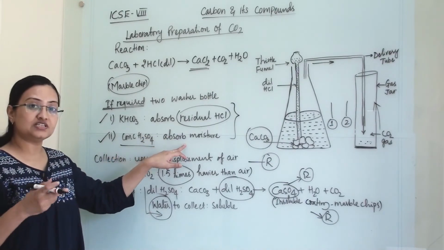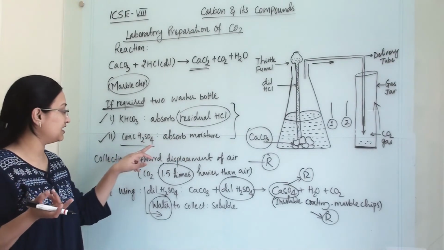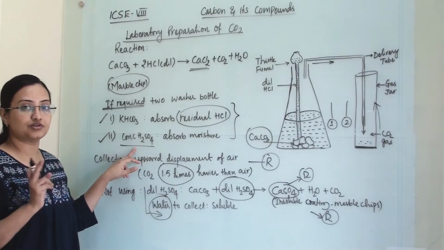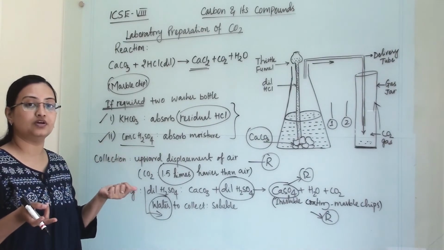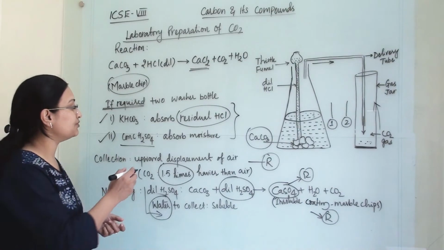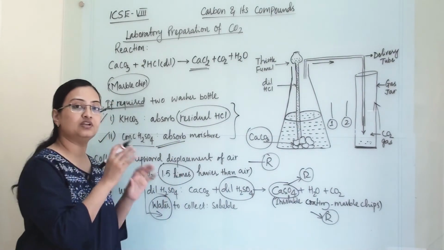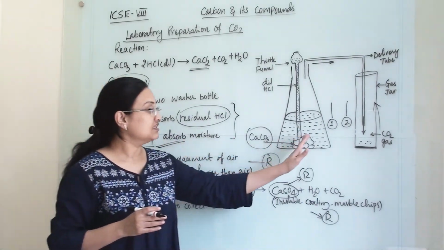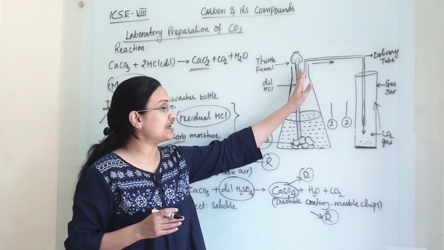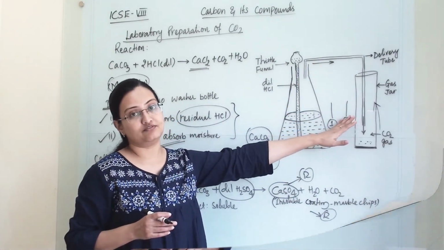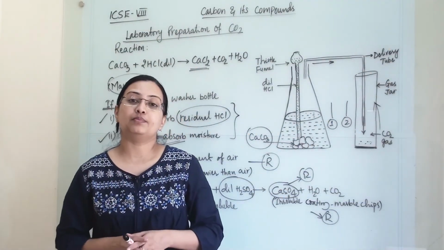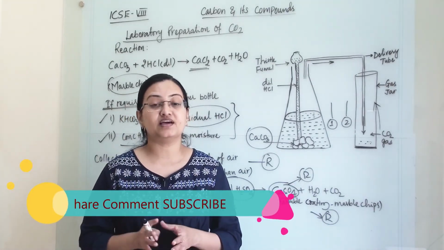And when moisture comes along with carbon dioxide, we can arrange the washer bottle of concentrated sulfuric acid. It will absorb the moisture. But only when we observe these impurities will we arrange them. Otherwise, the gas delivery tube can be arranged directly from the conical flask. So this is how we prepare carbon dioxide gas via the laboratory method.